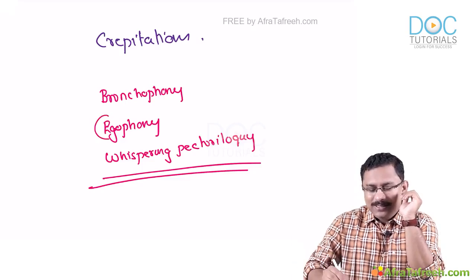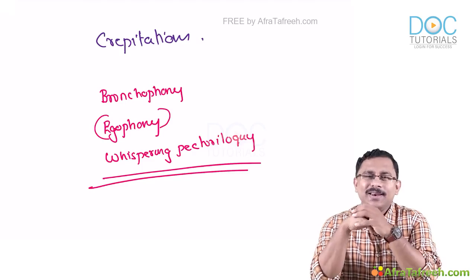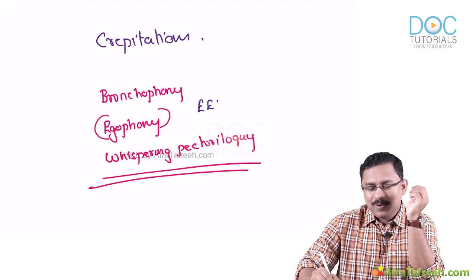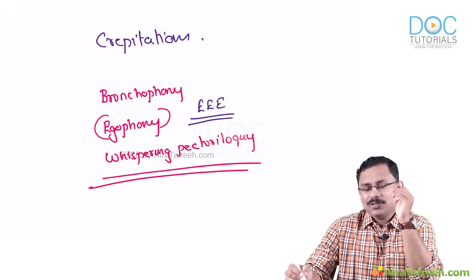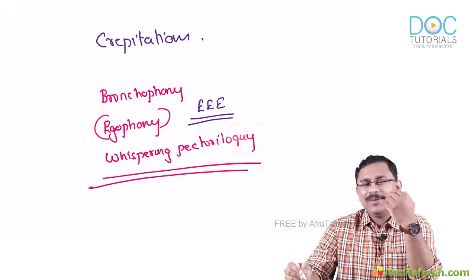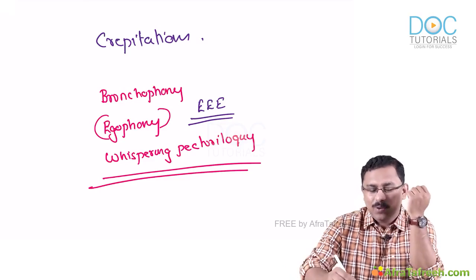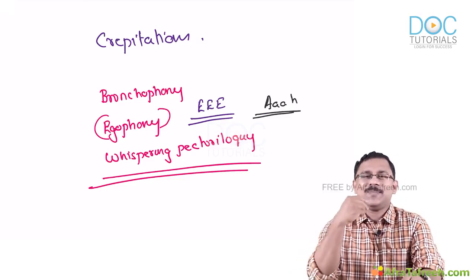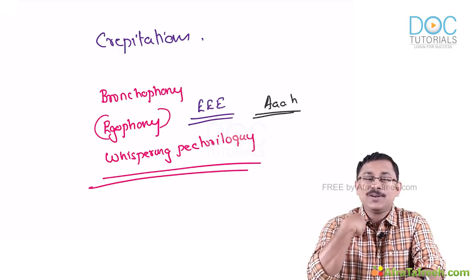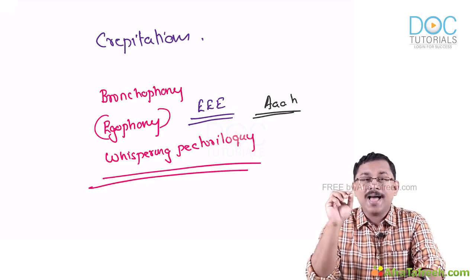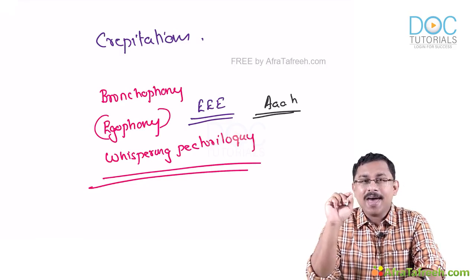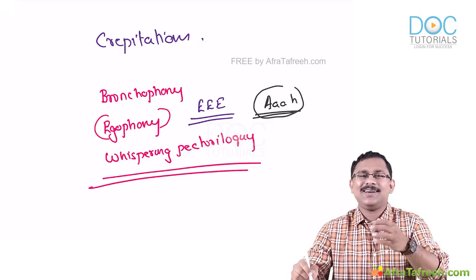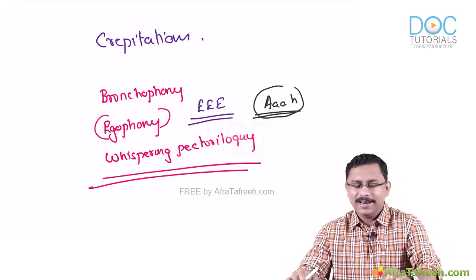And egophony means, again you are auscultating and you are asking the patient to say E. So when you ask the patient to say E, when you auscultate, it might sound like an A. Patient might actually be saying E, but you are hearing it as an A. That again is because of the consolidation of the lung parenchyma.